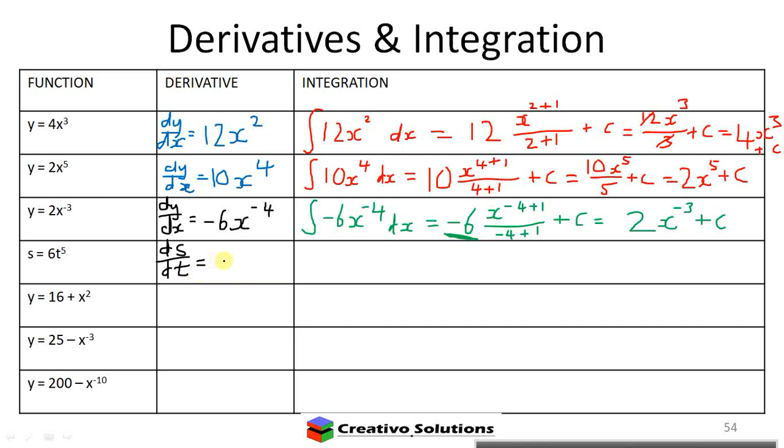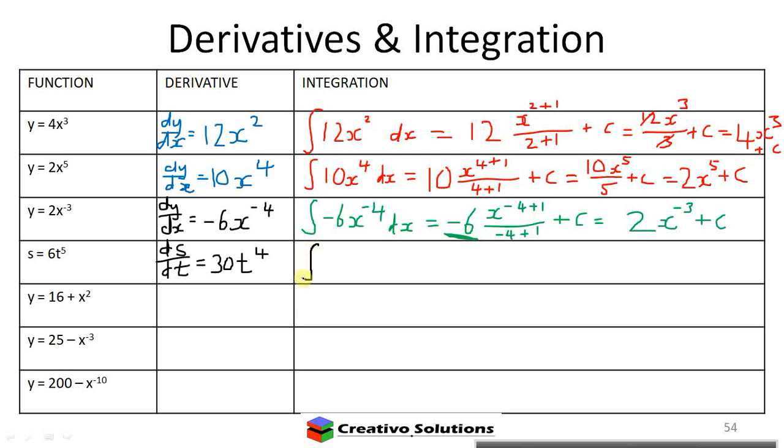Okay, so ds over dt would be what? Okay, so it'll be 5 times 6. So it'll be 5 times 6 is 30t to 4. Yeah, that's it.